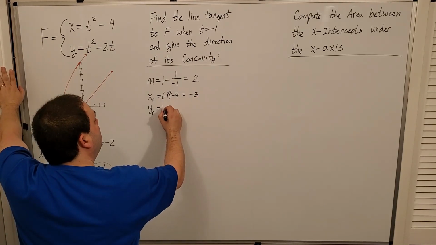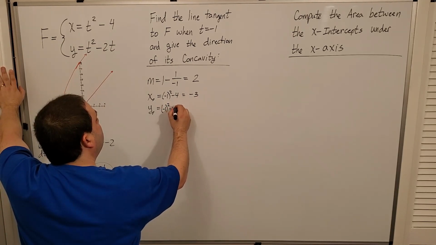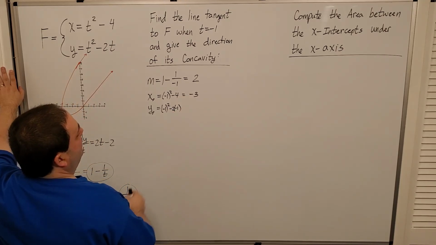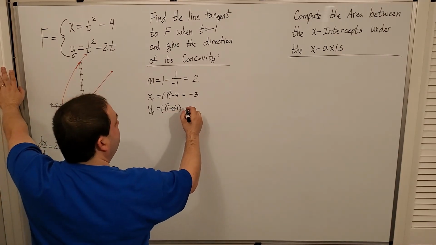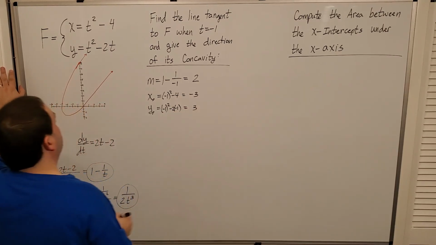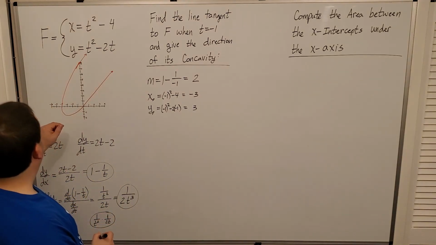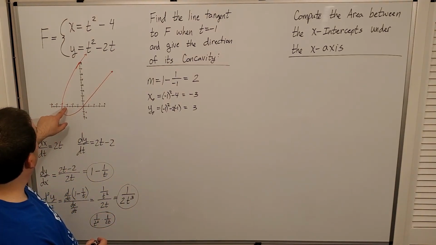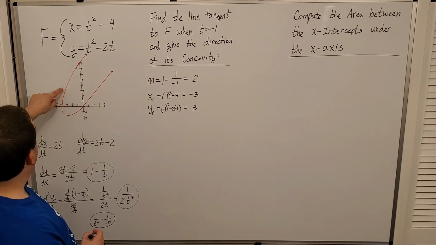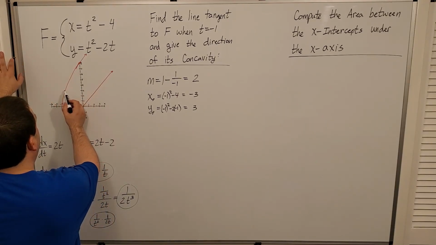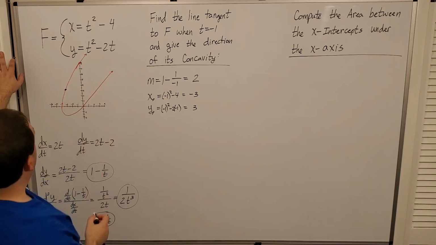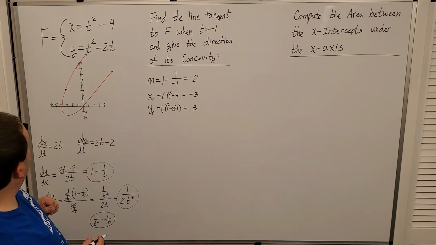And -1 squared minus 2 times -1. So I have 1 plus 2, which is +3. Okay, so on the graph right here, you can tell it's going to be -3, 3, which is going to be this point right here. We're talking about that point right there.